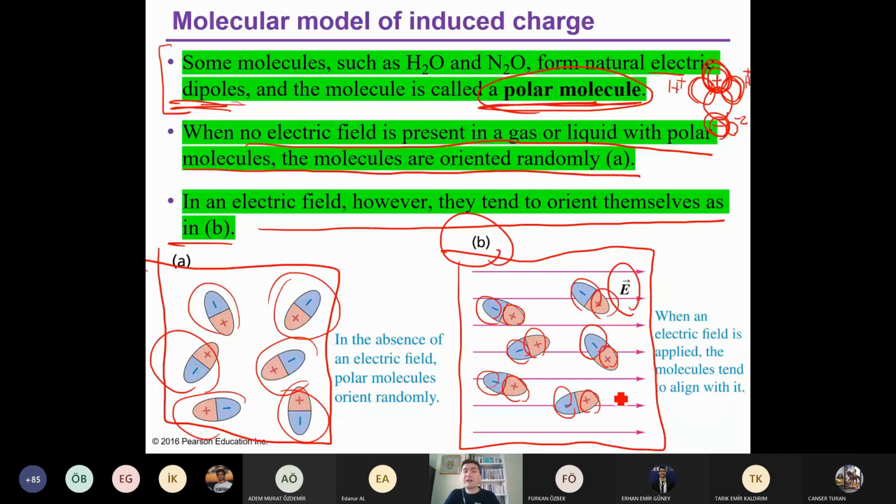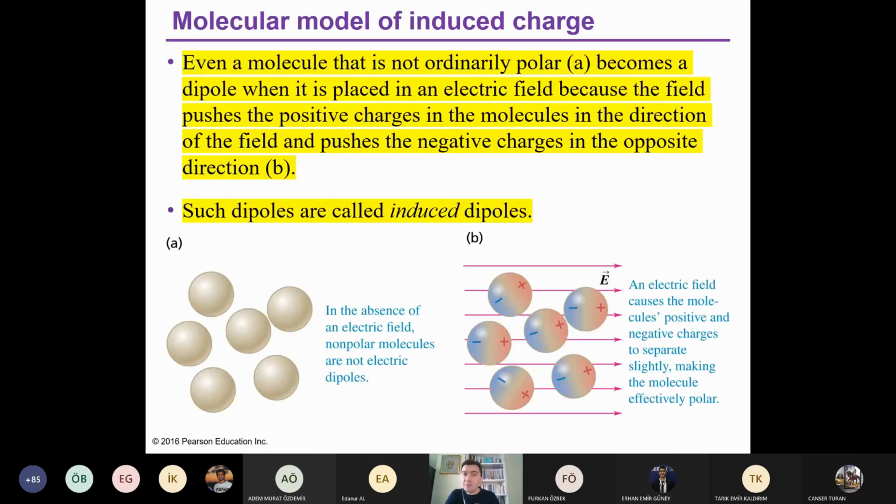And we have also discussed that even a molecule that is not ordinarily polar becomes a dipole when it is placed in an electric field. Remember this discussion which we had in the previous lectures. So here we have molecules. They are not polar molecules, okay? In the absence of an electric field, non-polar molecules are not electric dipoles.